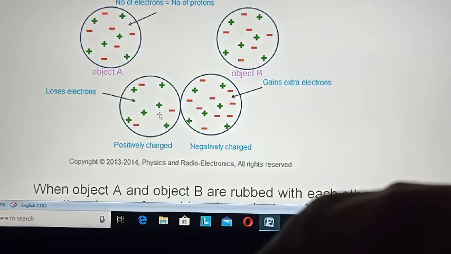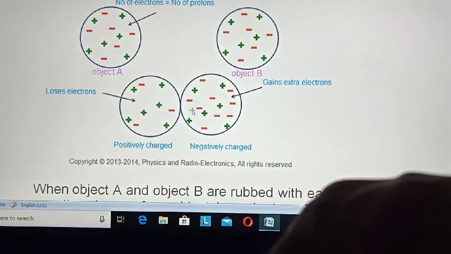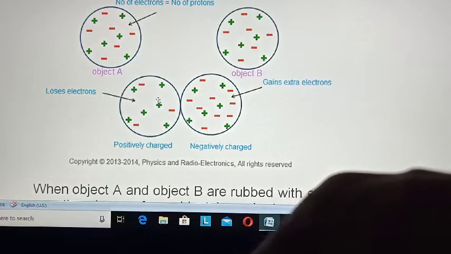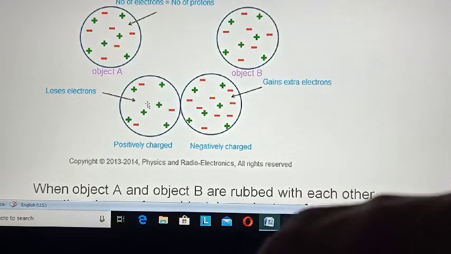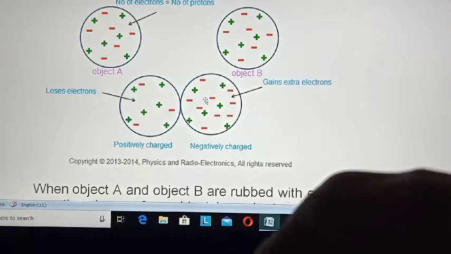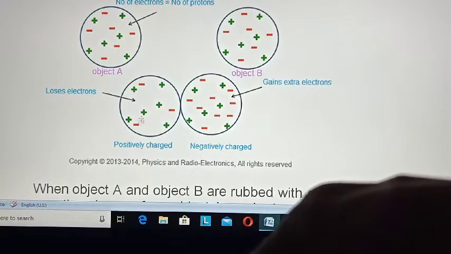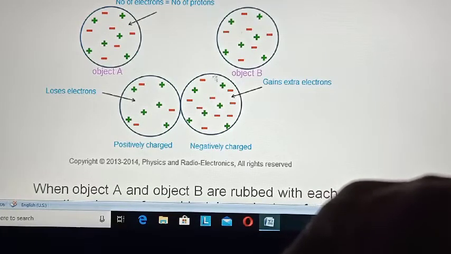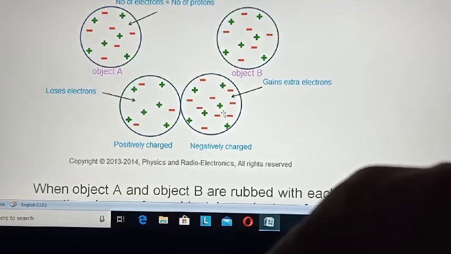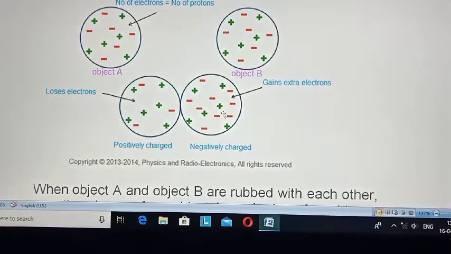Now as we already discussed, by what amount this body becomes positively charged, by the same amount this body becomes negatively charged. Now if you consider that number of electrons transferred from this body to this body is 5, now charge acquired by this body is plus 5e, and charge acquired by this body is minus 5e, where e is the electronic charge.